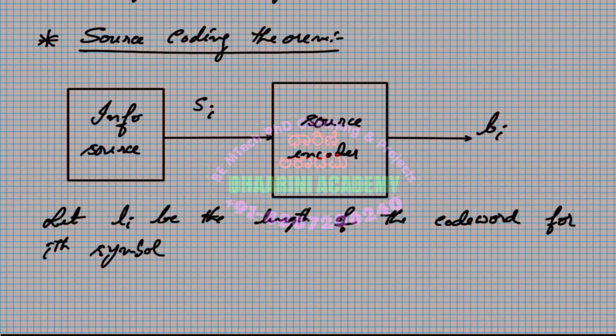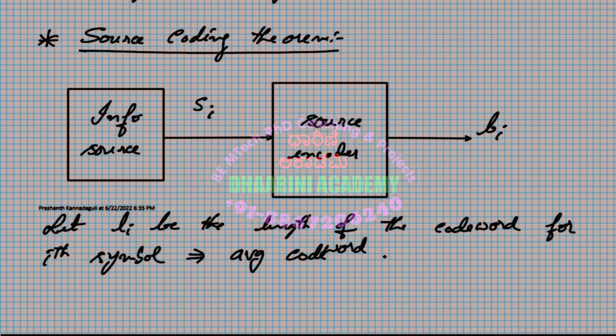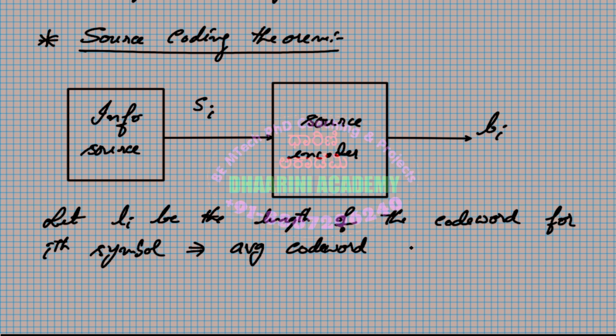I have many symbols; it is the ith symbol I'm talking about. So what is the average code word length? The average code word length, capital L, is equal to the summation over all the symbols, i equals 1 to n, of the probability of the ith symbol times the length of the ith symbol, pi into Li.